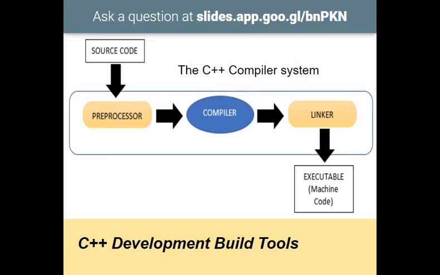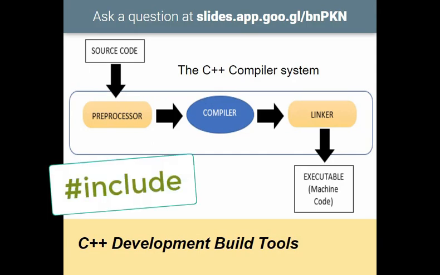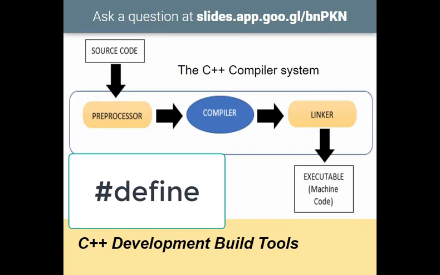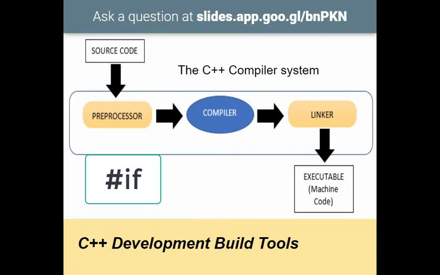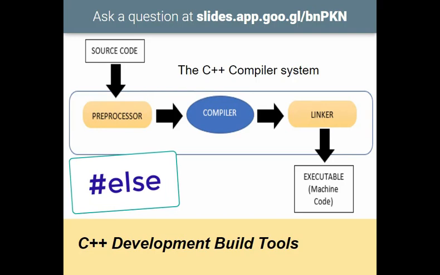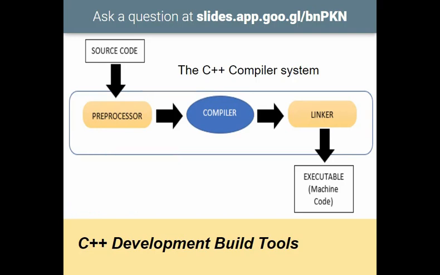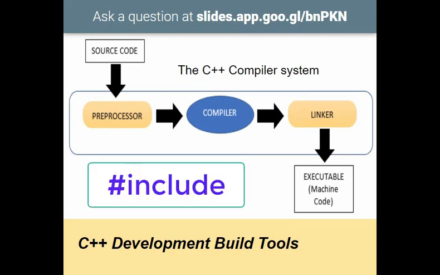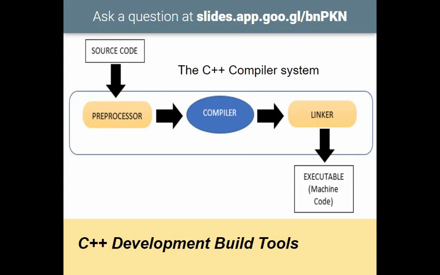The directives begin with a hashtag, or we call it a number sign. The supported preprocessor directives are #include, #define, #if, or #else. Okay, there are many functions actually that can be used, including #line. The #include is actually the most commonly used in all the examples.